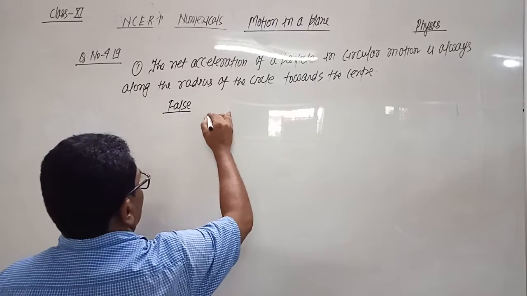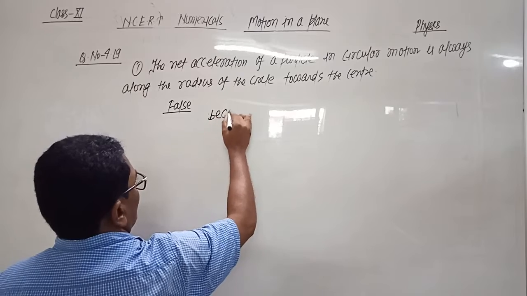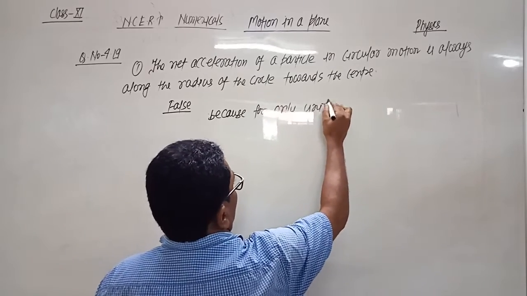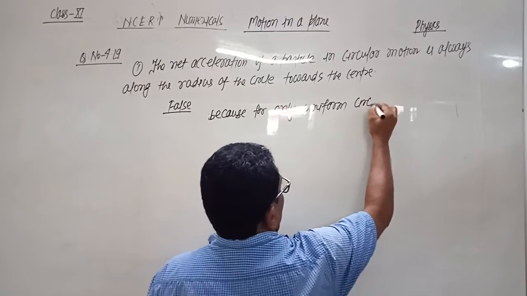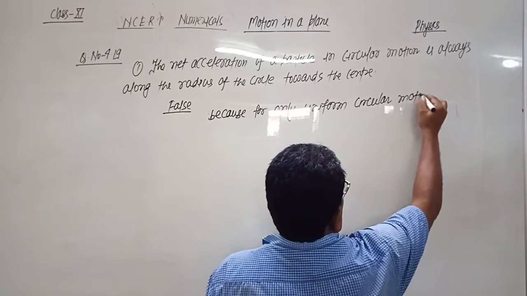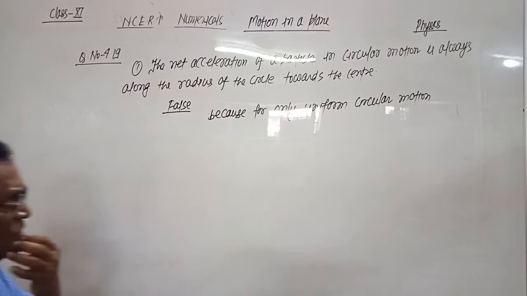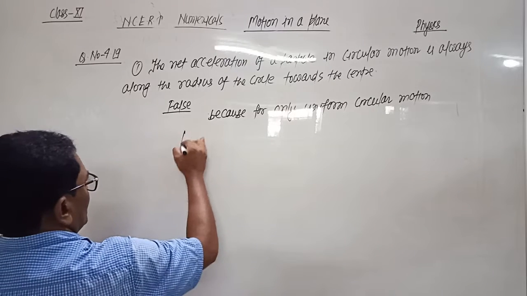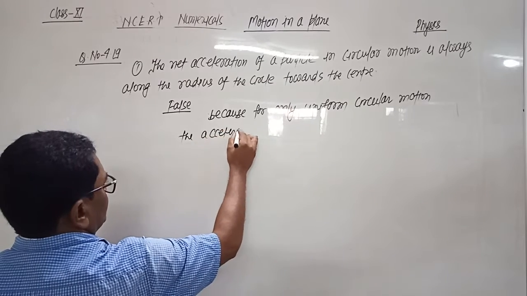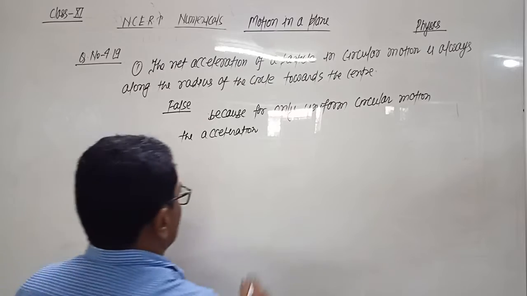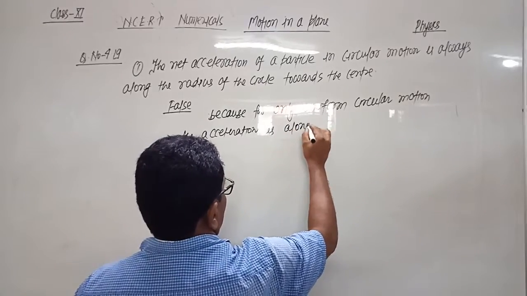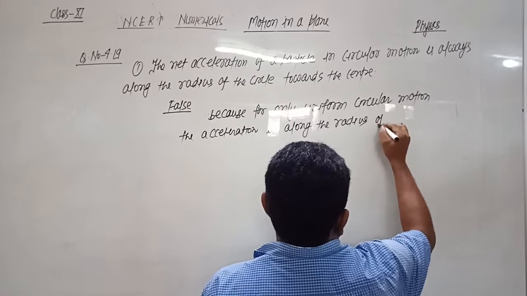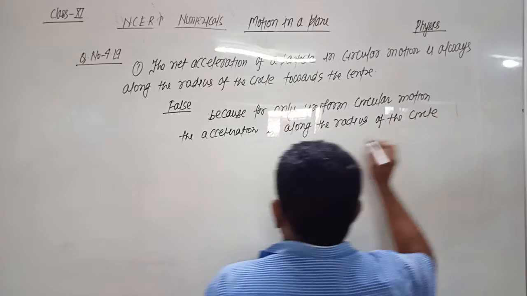So we can say that this statement is false, because only for uniform circular motion, not for general circular motion, the acceleration is along the radius of the circle, towards the center.